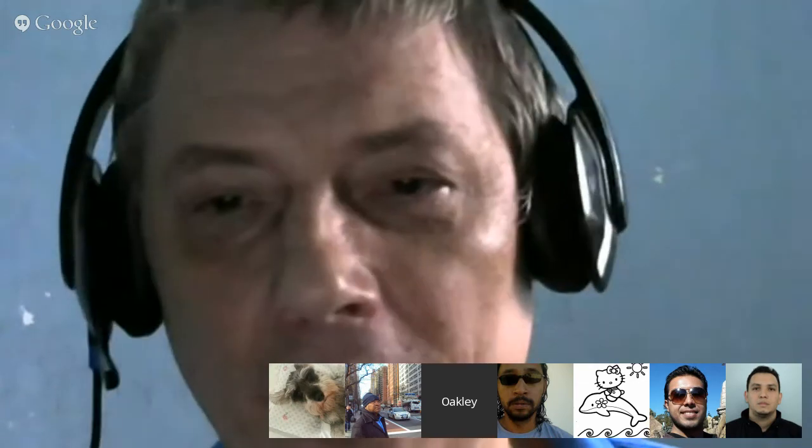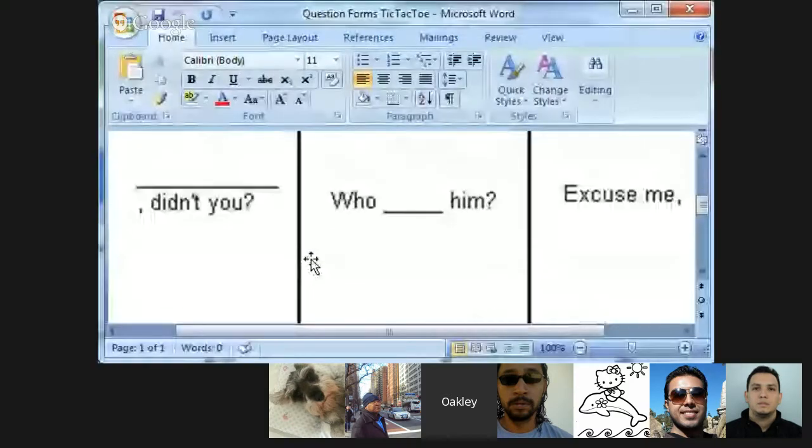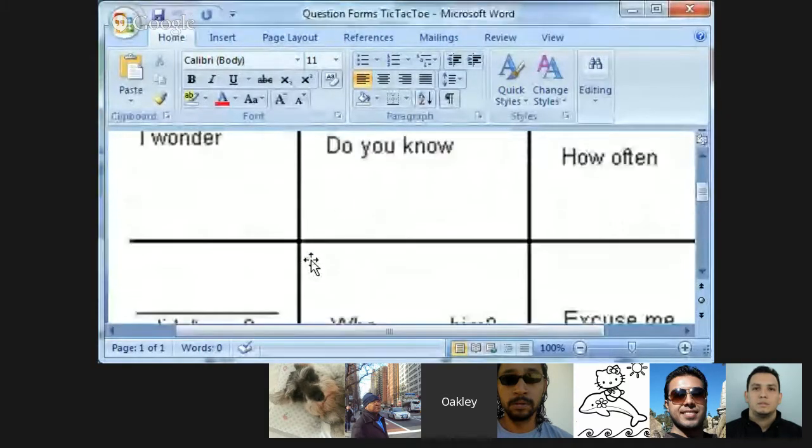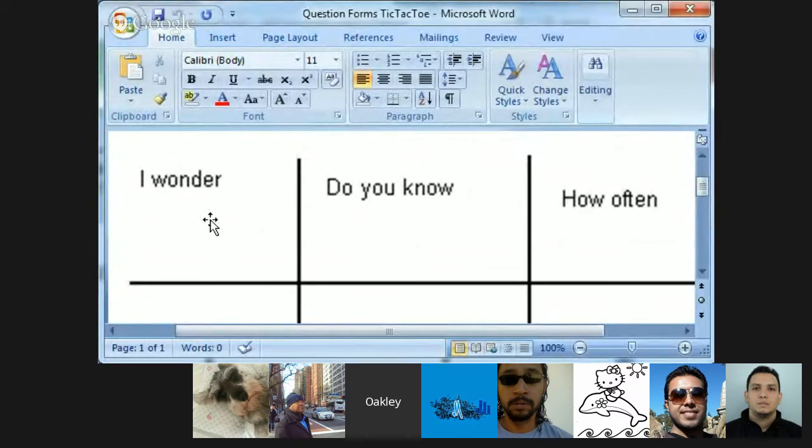Let me throw the grid up on the screen share here, and we will begin. Now, here's a tic-tac-toe grid. Two vertical lines, two horizontal lines, with different boxes with the beginnings of questions.